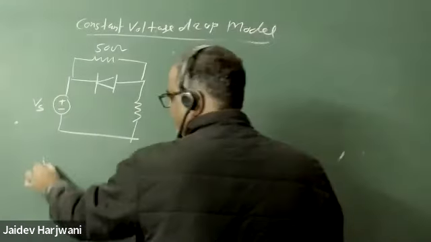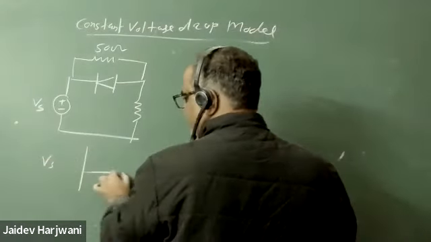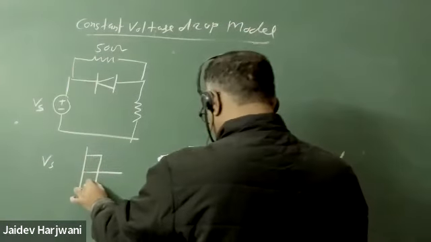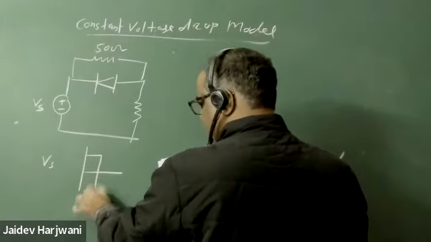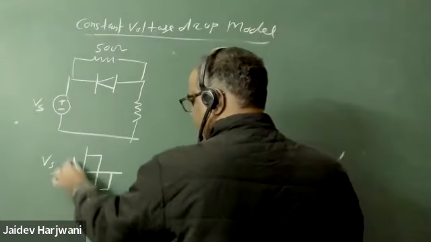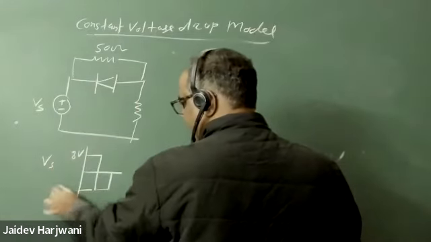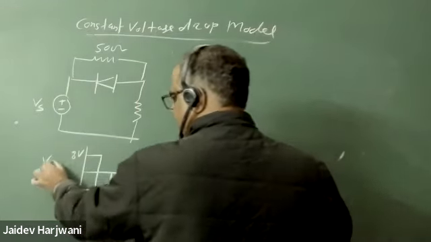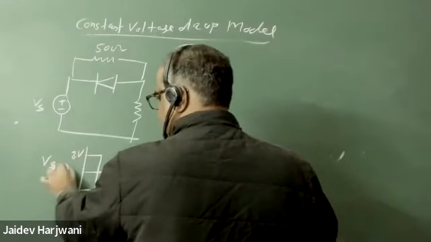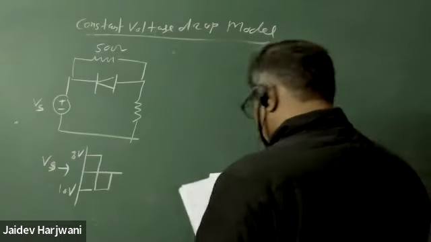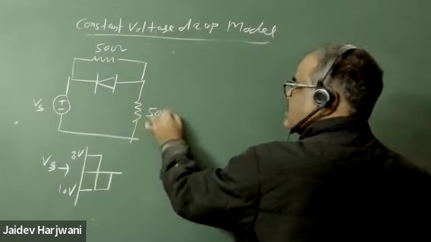And your VS is given like this: a square wave pulse, which is maximum 8 volt and negative is minus 10 volt. This is your VS, and this is your 50 ohm.